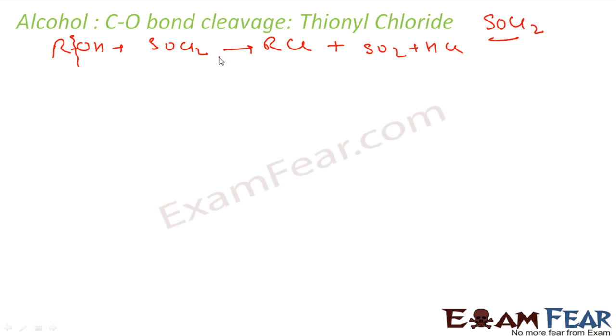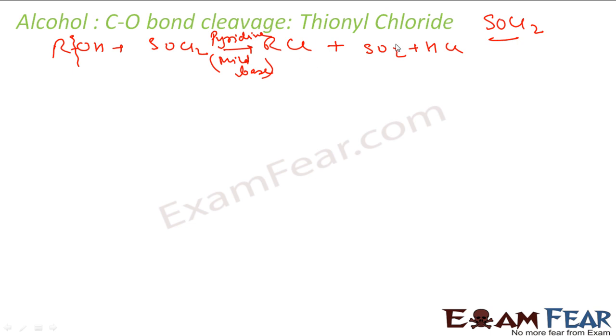And you have this in mild basic condition, for example pyridine, which can act as a catalyst. So alcohol reacts with thionyl chloride in the presence of a mild base, maybe pyridine, to form haloalkanes.